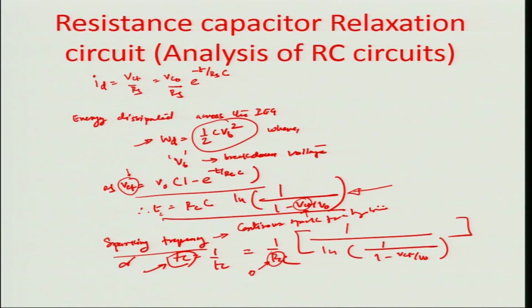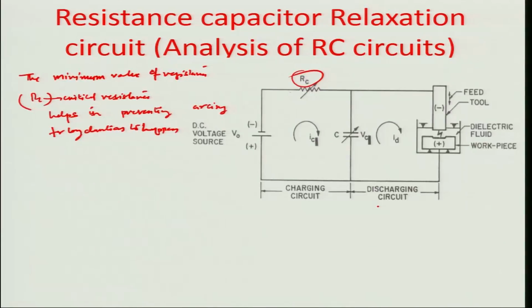That becomes essentially an arc, and that we want to avoid in this situation. Therefore, there has to be some critical value of RC which is non-zero, and this critical value is driven by some guidelines, as in any other process.